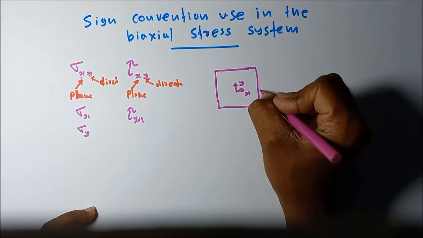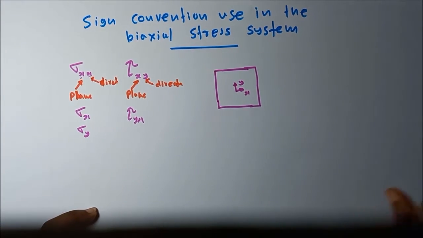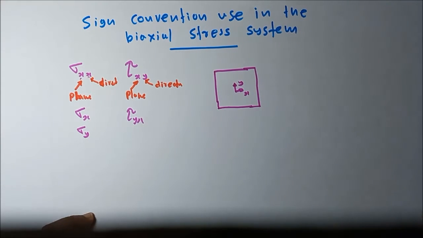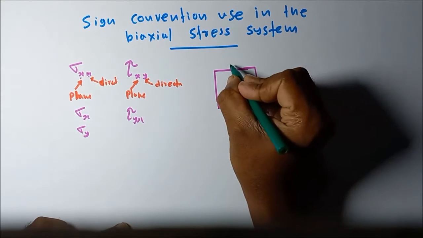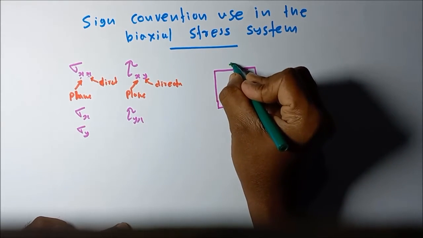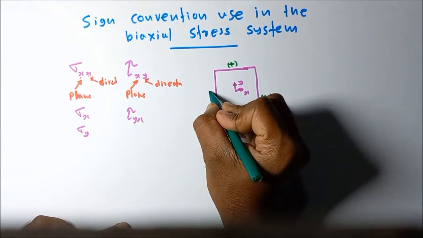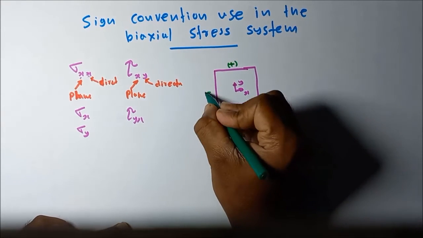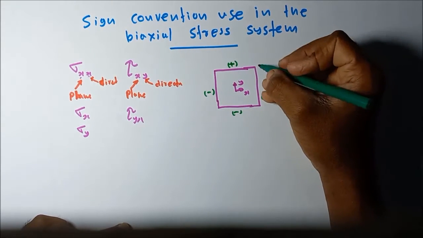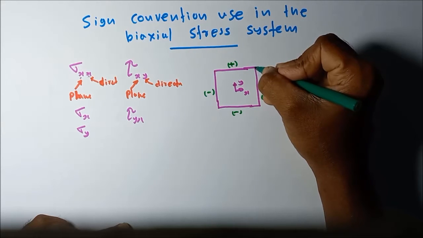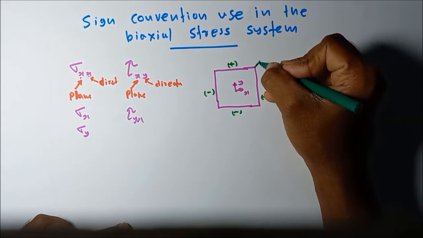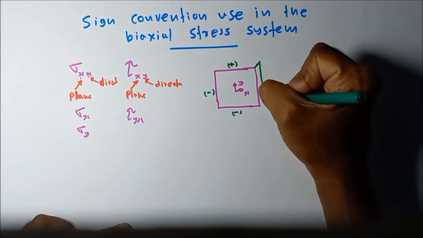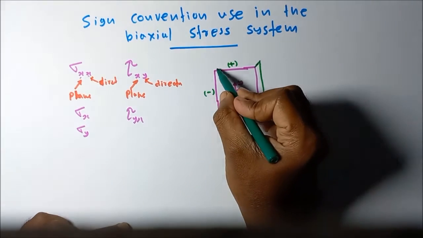These faces we call positive faces. These are called negative faces. So what is a face? Let's assume the element has a certain thickness. The face means this face.